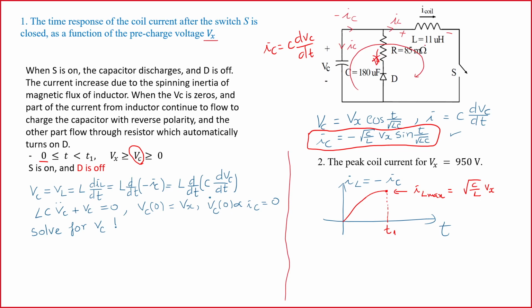No more. So the energy stored in the inductor, the current continues to flow, but in the form of discharging energy from the inductor, so it goes through the diode branch, right? Because the resistance is very small, 85 milliohm.